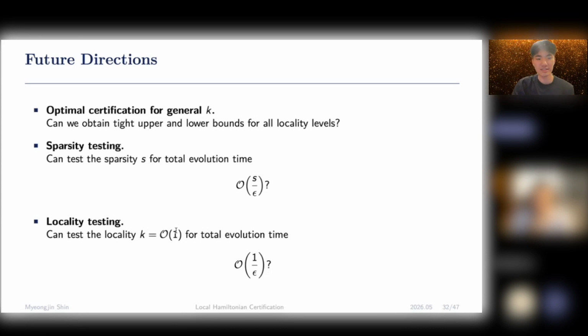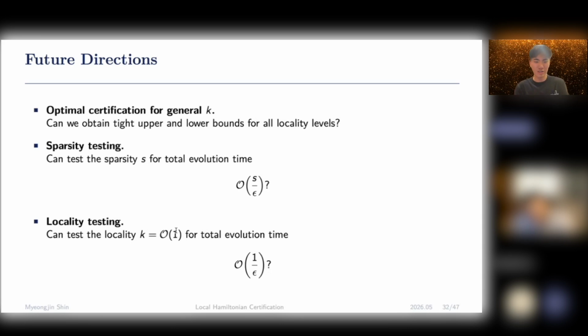And next is testing the sparsity and the locality of the Hamiltonians. Sadly, there are no efficient or optimal algorithms for testing the sparsity or locality. As you can see in this work, we also just assume that we know the locality, but actually we don't know the locality of the Hamiltonians. We can just assume that it is constant. It's physically relevant to assume that it is a constant, but we cannot know the exact locality.